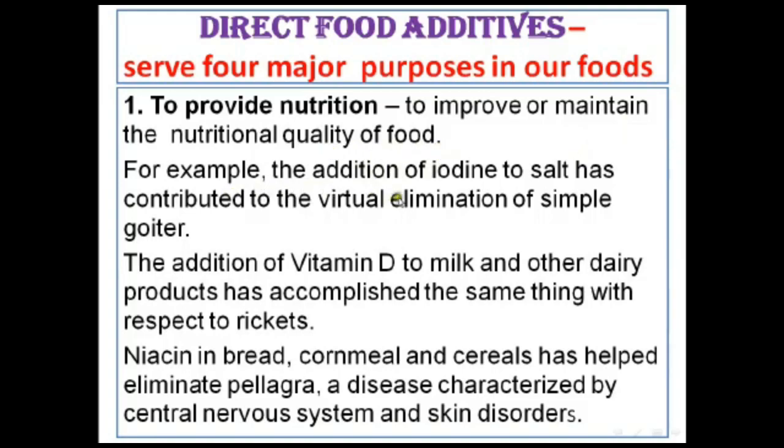For example, the addition of iodine to salt has contributed to the virtual elimination of simple goiter. Goiter is a disease, and we can eliminate this kind of disease by adding iodine to salt.